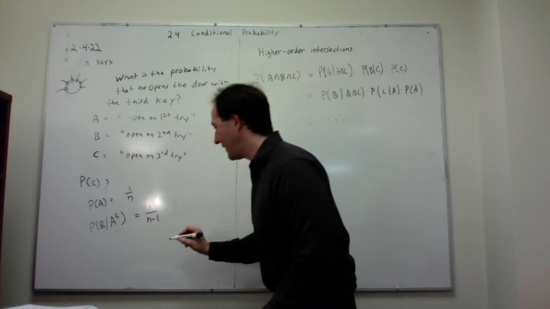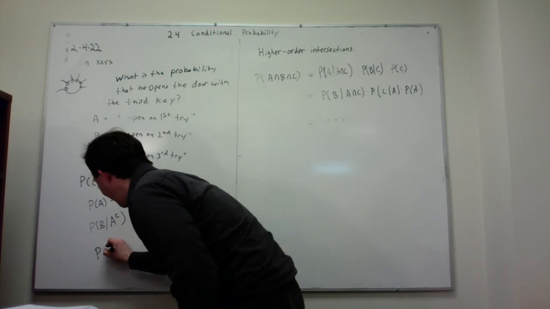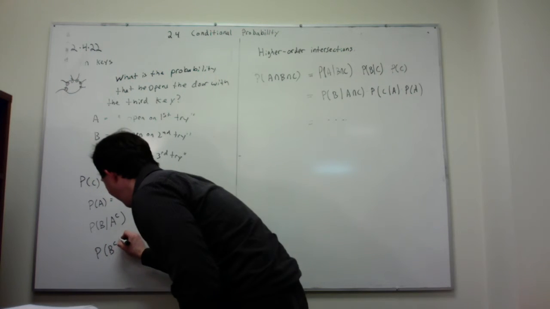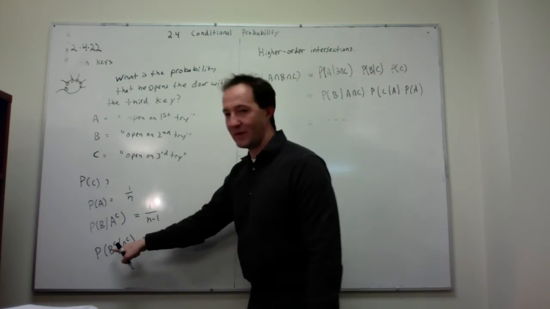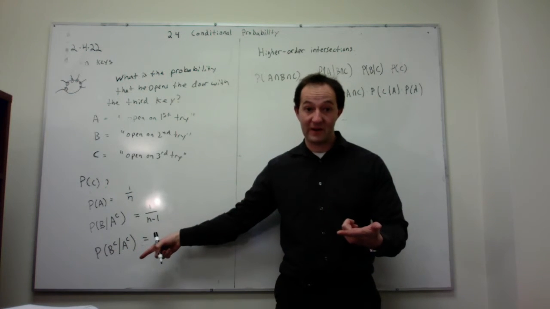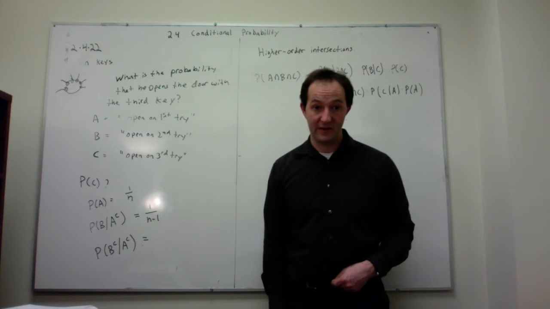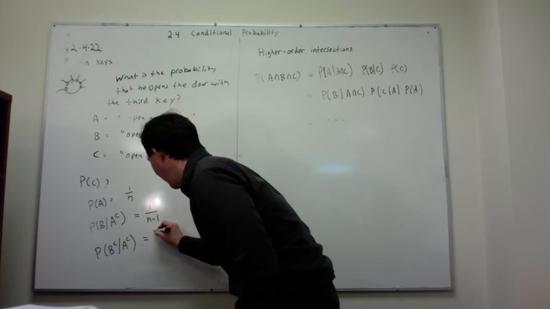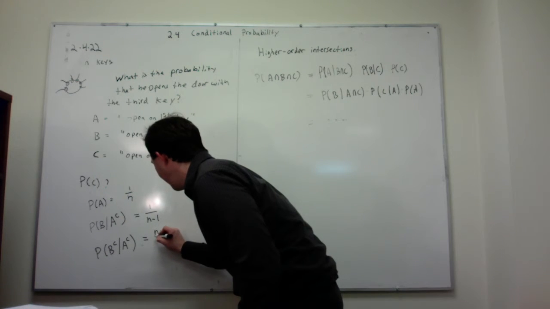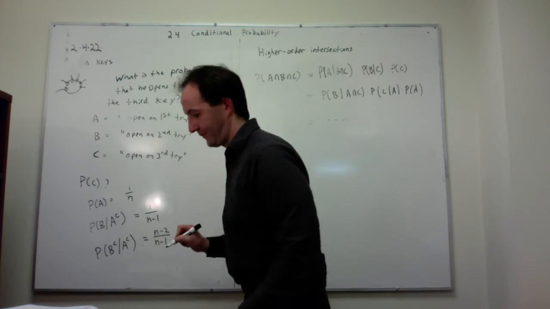And we can also say that P of B complement given A complement, the probability that he does not open it on the second try given that he did not open it on the first try, is n minus 2 over n minus 1.